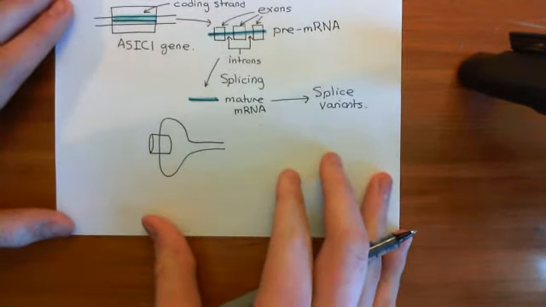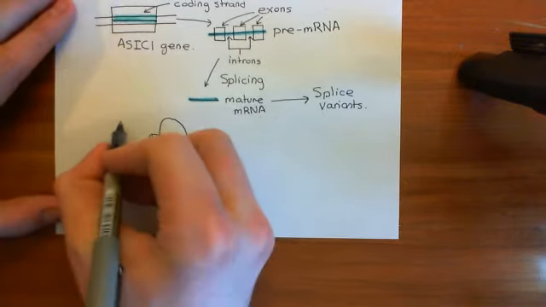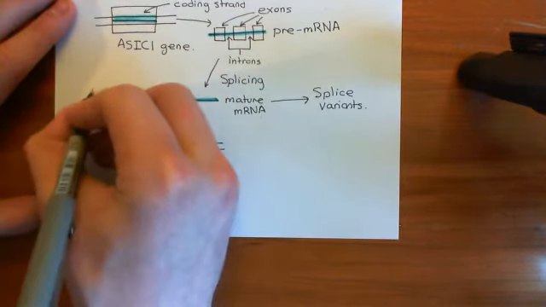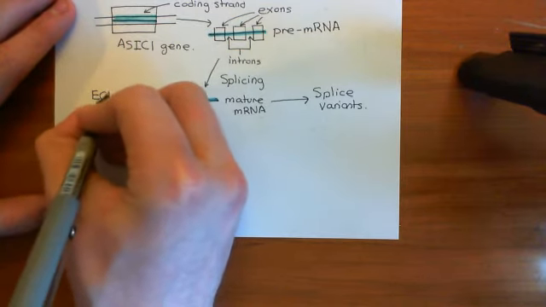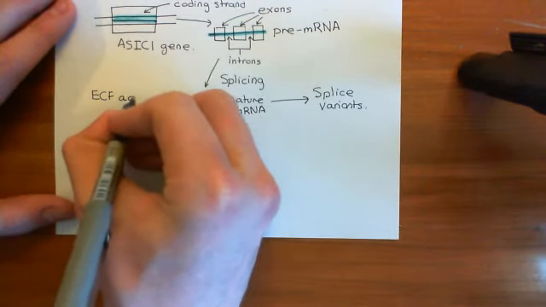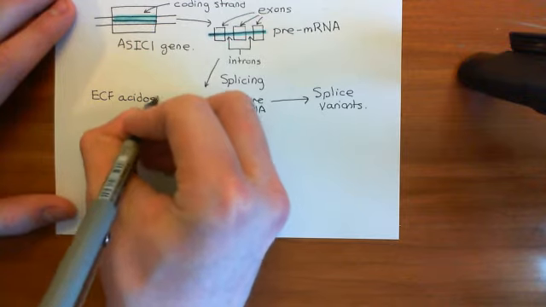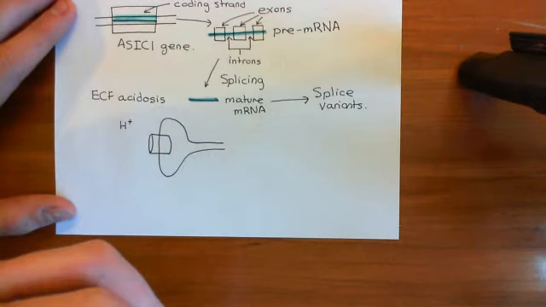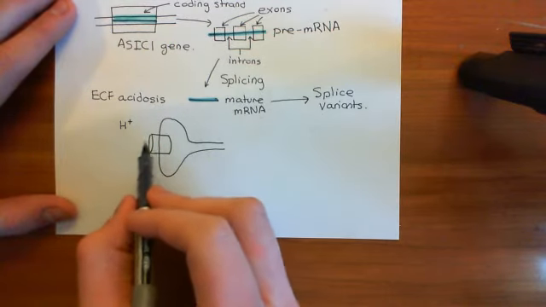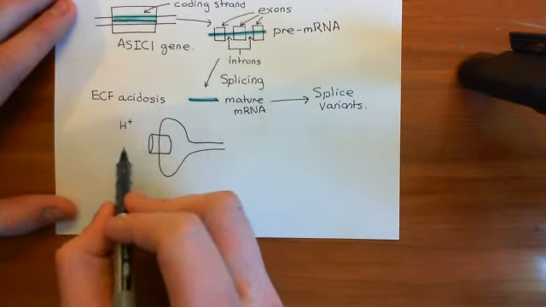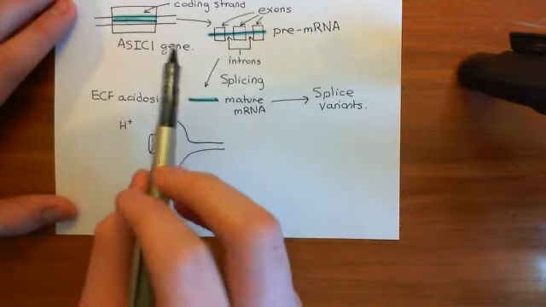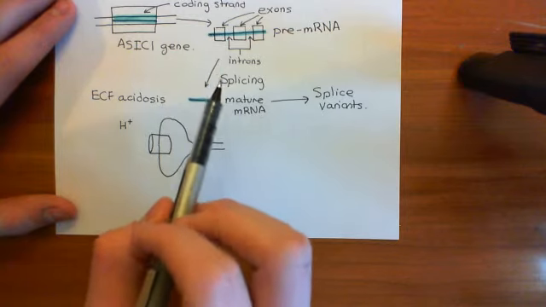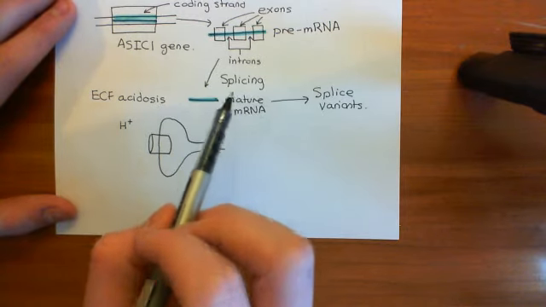Basically, when the proton concentration is too high within the extracellular fluid, i.e. when you have an extracellular fluid acidosis, which is a too low pH. So pH should usually be around 7.5. You find that these ASICs become active at around a pH of 6.5, although it does vary depending on the exact subunit composition of your acid-sensing ion channel trimer.